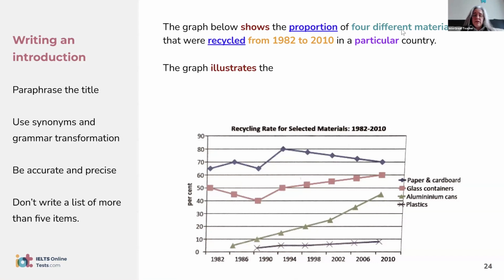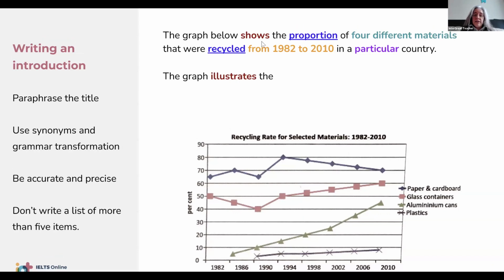Lots of people feel like they can't write shows in their response because it's used in the task, and I'd say it invariably is the word that's used in the task, and sometimes people think, oh, I really need to use a different word, I must use a synonym. And sometimes they end up using words that aren't really appropriate.